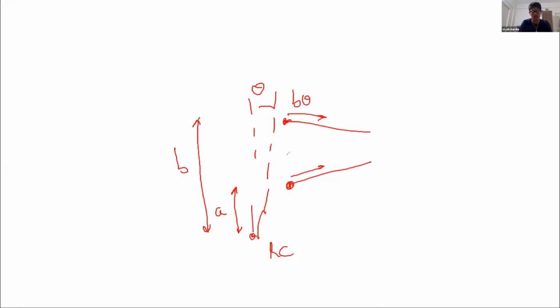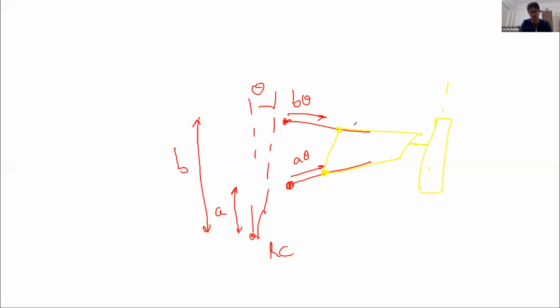This moves in this line by A into theta. This becomes the final position. Okay, so since B into theta is more than A into theta, this is reasonable. And it becomes like this. So this becomes your final position of the suspension, right? And this angle is your camber angle.